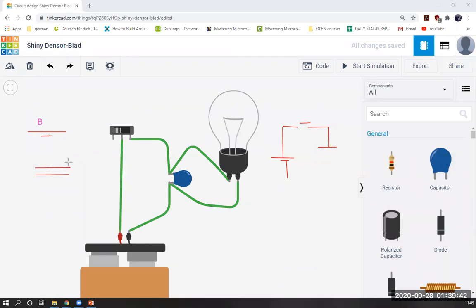This is for the capacitor and this is for the battery. So here is the capacitor. Then it goes directly to the supply, and then we are connecting our LED or bulb. I'm connecting it as an LED.